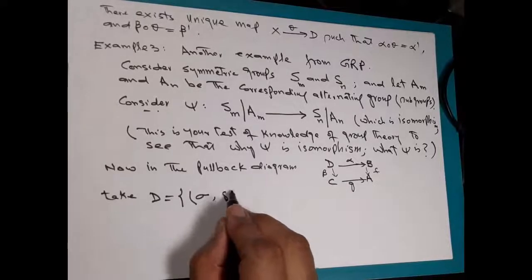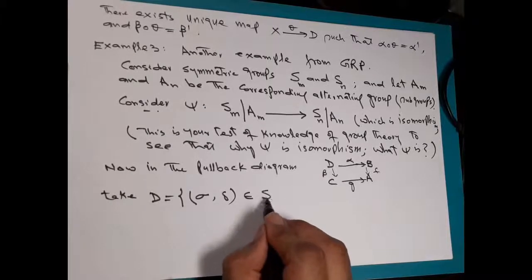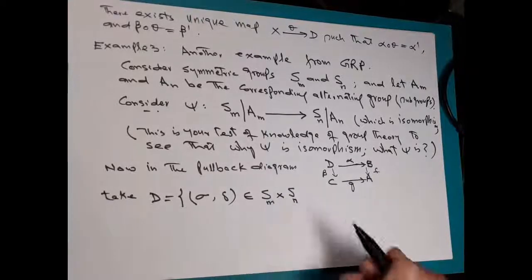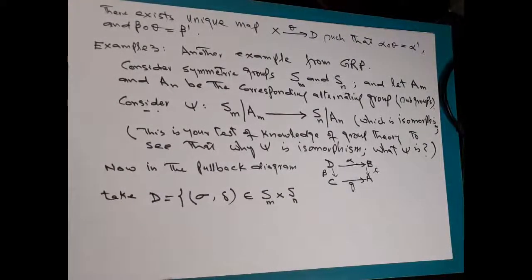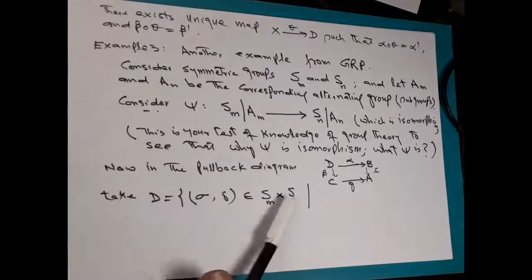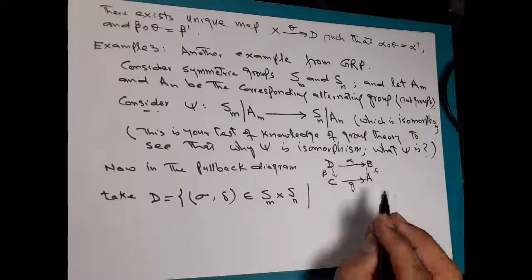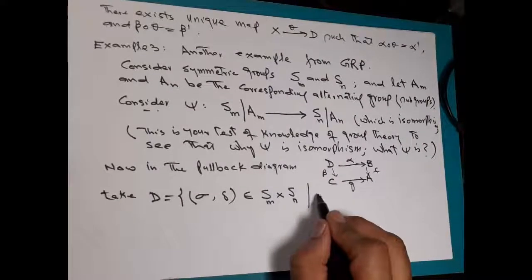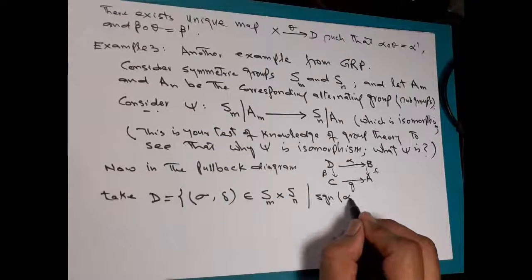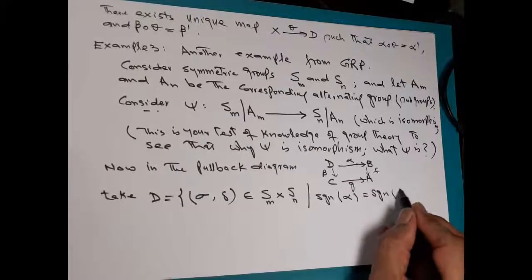the pairs sigma, delta belonging to Sm cross Sn. This is just the Cartesian product of Sm and Sn, and this is also the direct product in the category of groups. So we are going to take those ordered pairs of permutations which have the same signature, such that Sgn of sigma is equal to Sgn of delta.